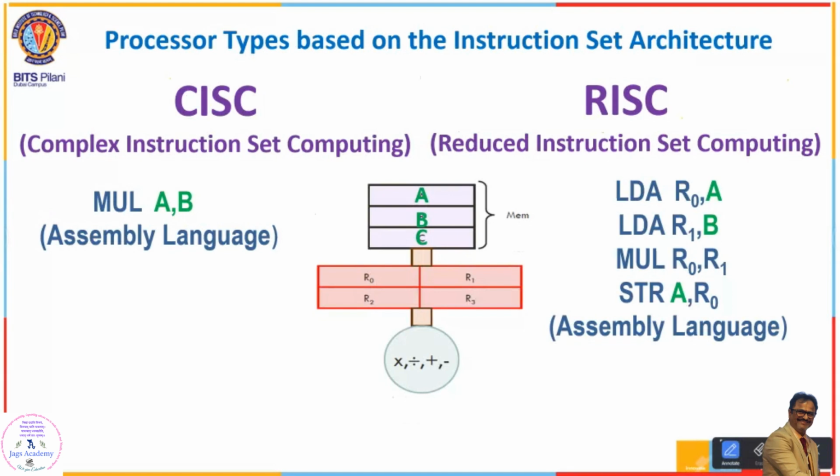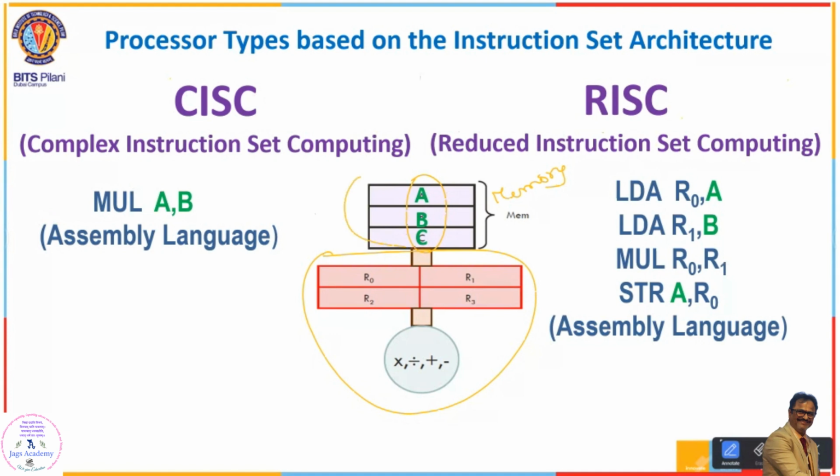You have a processor, where your variables A, B, C are memory variables. So these are memory, okay? You have a microprocessor, and the operands or variables are available in the memory. This one is part of your microprocessor.